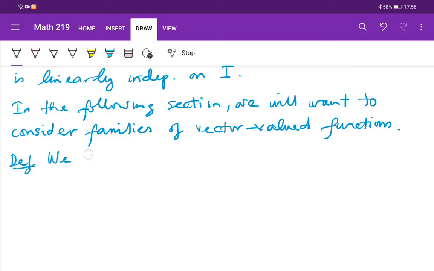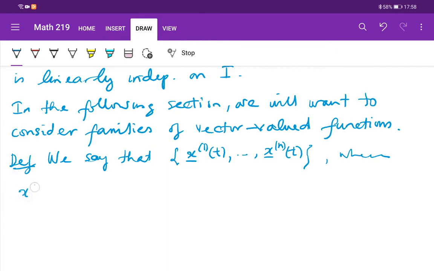So we say that the functions, so these are vector-valued functions now, x1(t) up to xn(t), where xi(t) is a vector-valued function, so it is x1i(t) up to xmi(t). Okay, m may equal n, or it may not, it doesn't matter here.